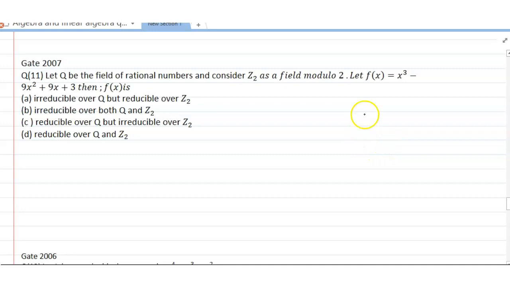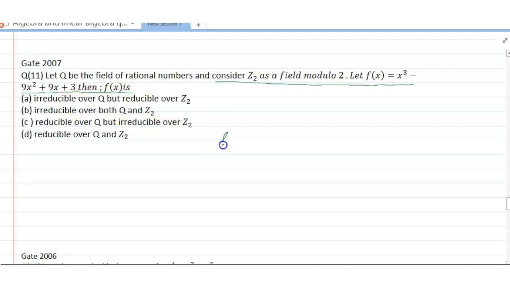Next problem is an Eisenstein problem. Let Q be the field of rational numbers and consider Z2 as the field modulo 2, and f(x) is equal to x cube plus 9x square plus 9x plus 3. I have to find out the value.